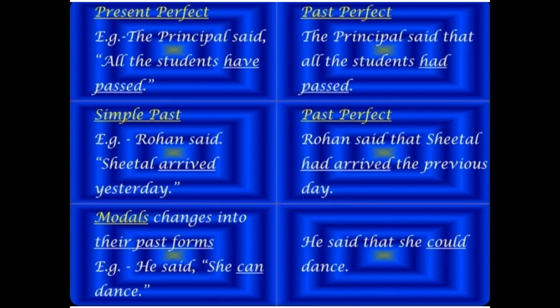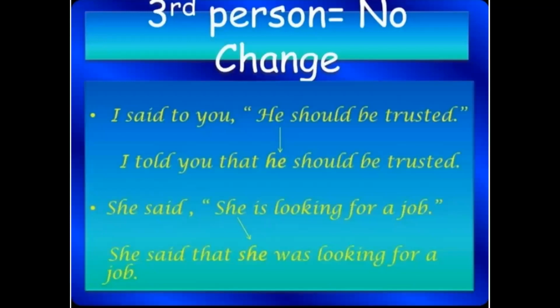Modals change into their past form. For example, he said, "She can dance." It will be converted as he said that she could dance. Third person, no changes. I said to you, "He should be trusted," and it will be converted into I told you that he should be trusted.